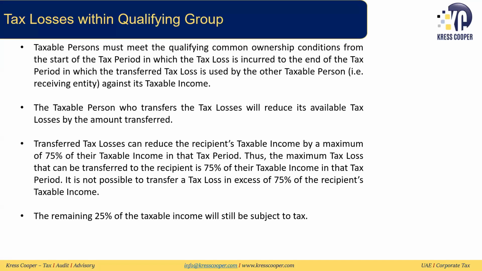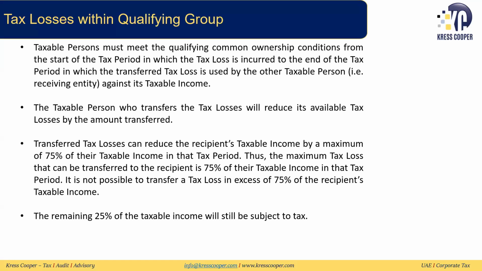So this common ownership condition needs to be met through this whole period, from the start of the tax period in which the tax loss was incurred to the end of the tax period in which the transferred loss is utilized by company B. So the common ownership condition needs to be met in this timeline.